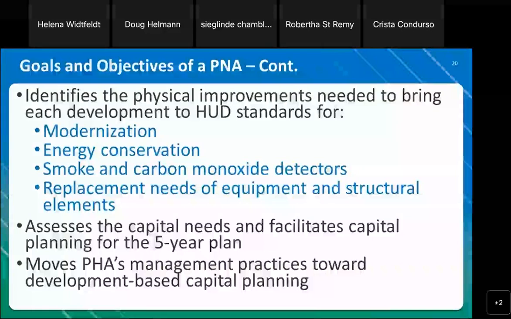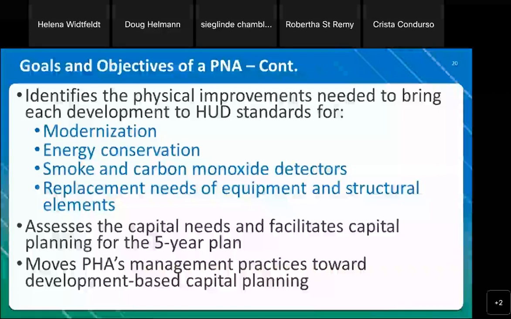We have already been mandated to provide smoke and carbon monoxide detectors. So again, a reminder, those grants are out there now. The deadline for the application is in April, to get those resources into your properties if you win the application. And of course, being able to develop the standards for equipment and structural elements.